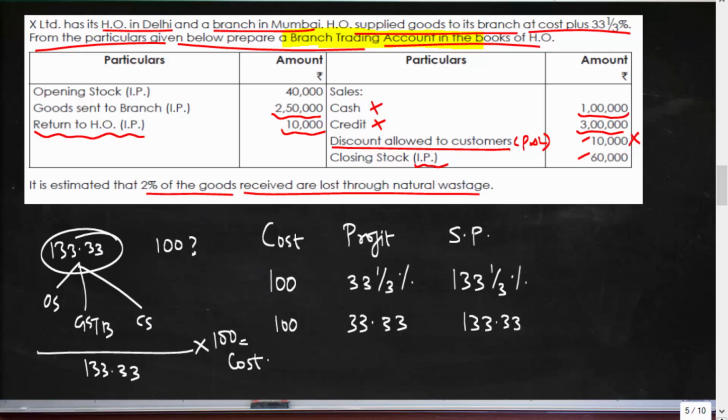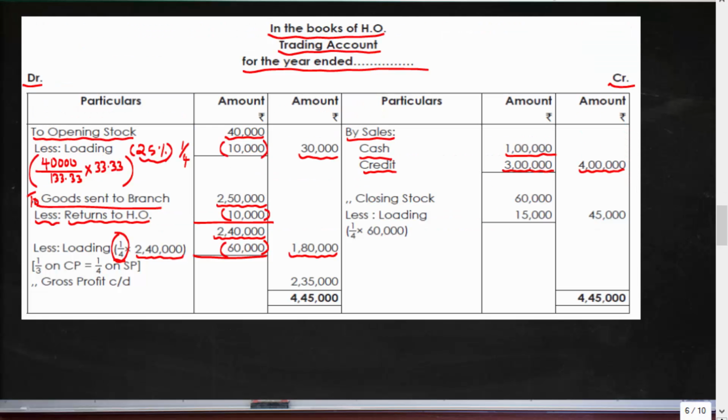Then we have closing stock at invoice price. We write by closing stock 60,000, but we have to remove the profit loaded. Simply apply 25%, that is 1/4. 60,000 into 1/4 is 15,000. So we get the closing stock at cost, which is 45,000.